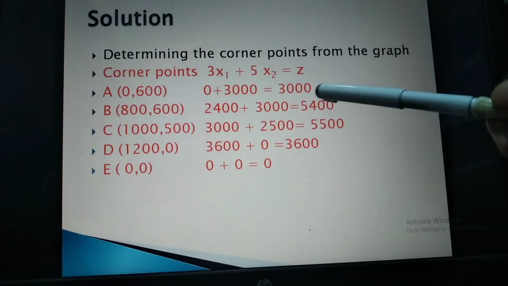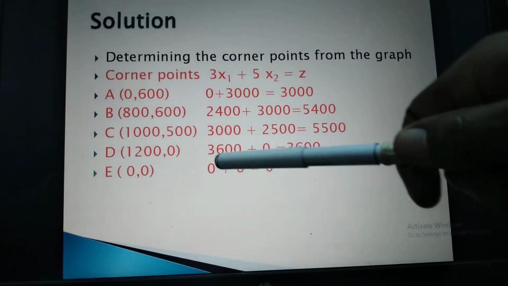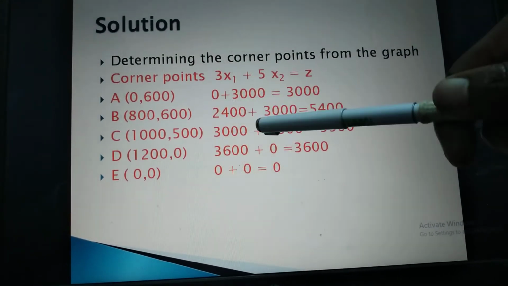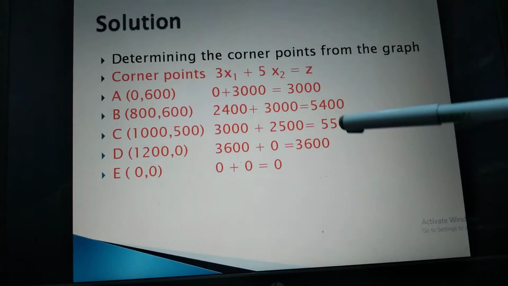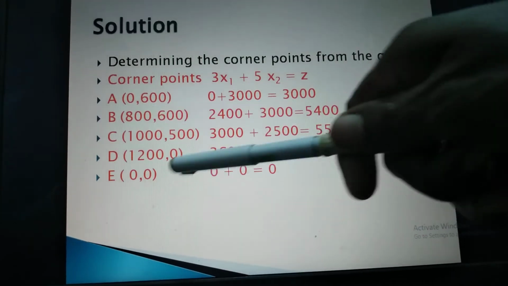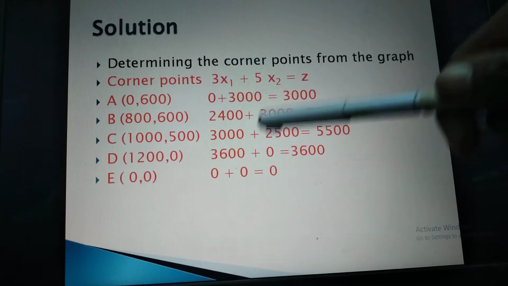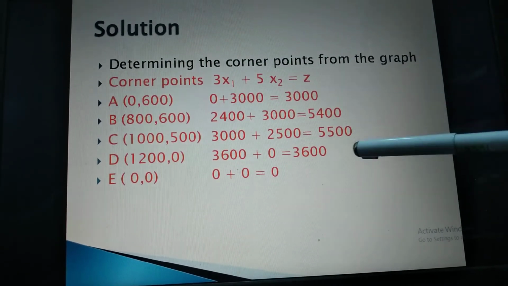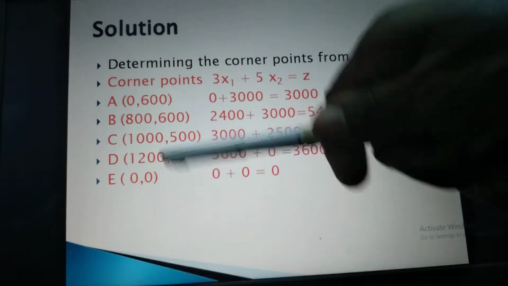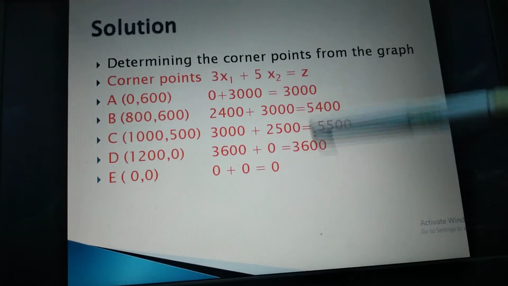So 0 plus 3,000 gives us 3,000. 800 times 3, 2,400. 600 times 5, 3,000. 2,400 plus 3,000 gives us 5,400. For C, the corner point 1,000, 500: 3 times 1,000, 3,000. 5 times 500, 2,500. When you sum, you get 5,500. The next, D, is 1,200 times 3, you get 3,600 plus 0, 3,600.